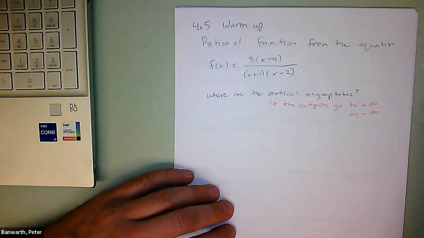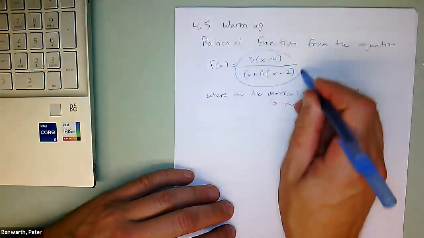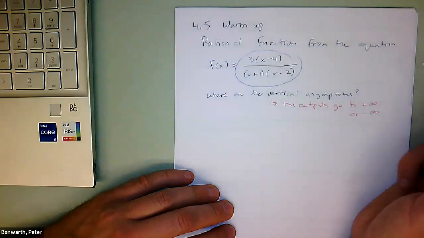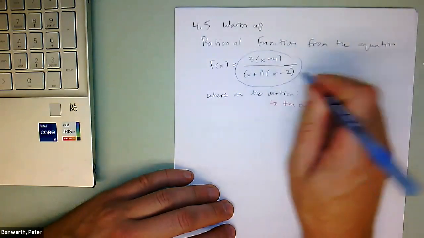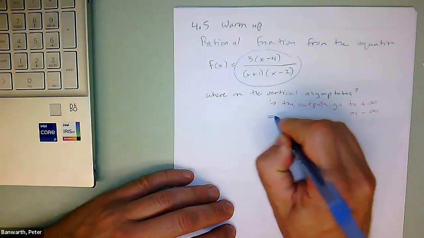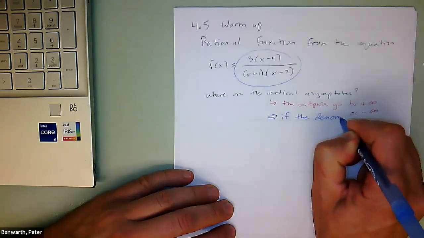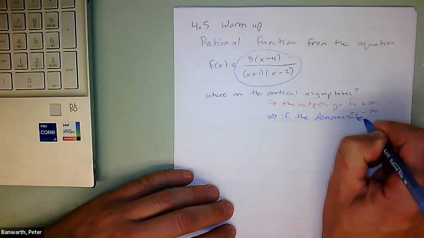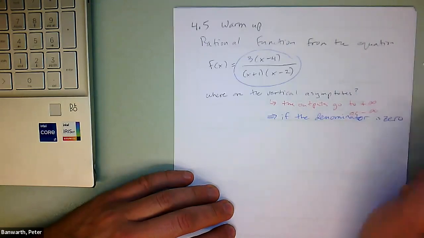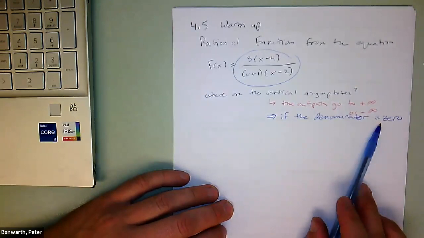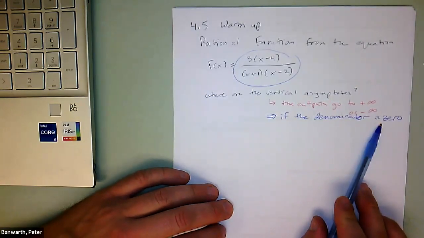When you look at a rational function, your outputs are going to go to positive or negative infinity if the denominator is 0. Because as you get closer and closer to 0 in the denominator, you're dividing by something close to 0, so the output goes to something very, very big.